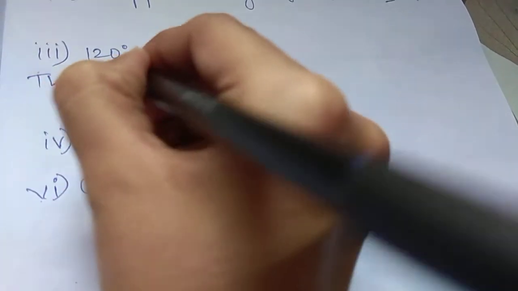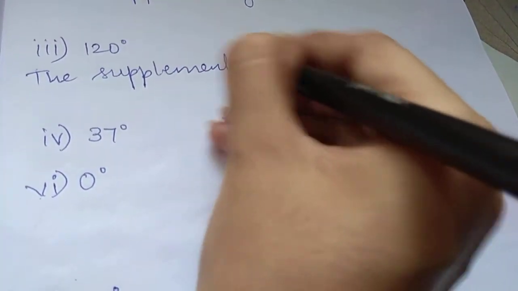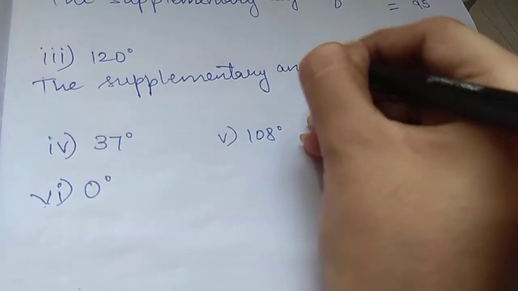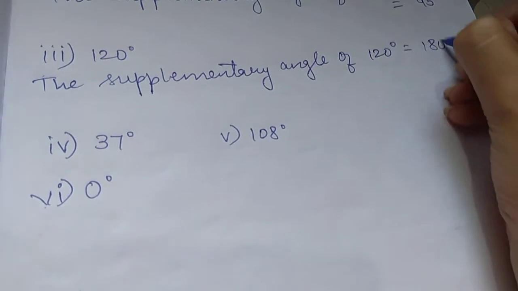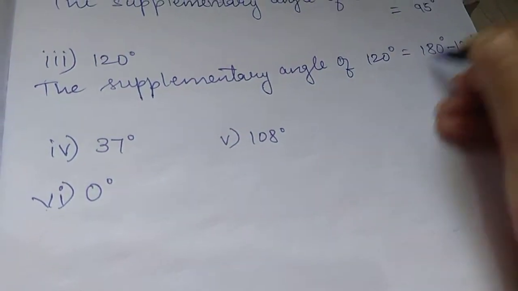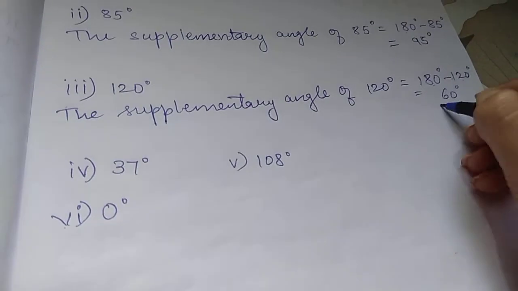Next, the supplementary angle of 120 degrees equals 180 minus 120. So 180 minus 120 is 60 degrees.